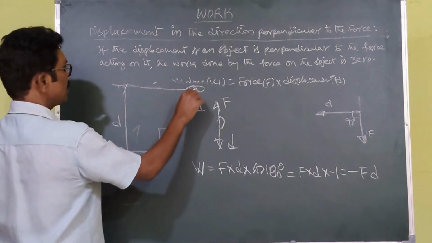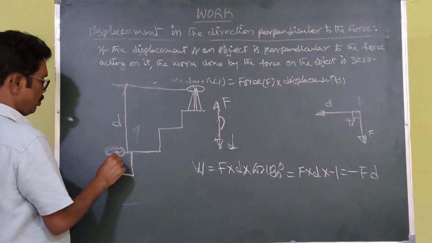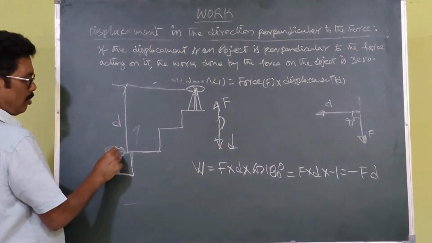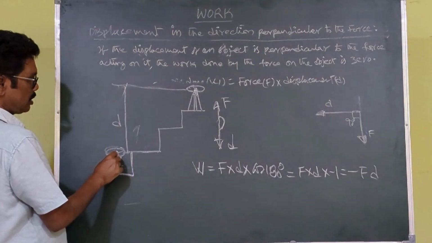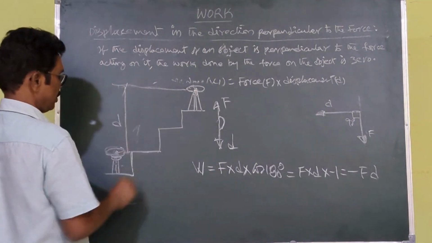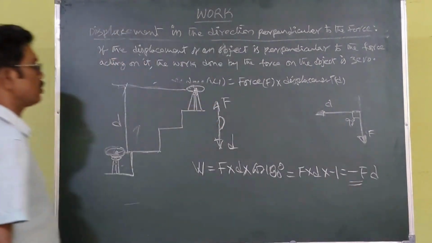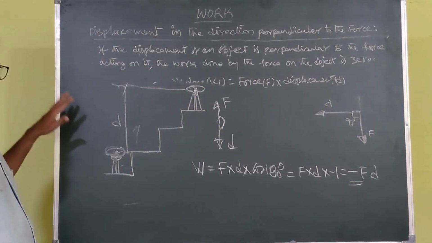While he is coming down, acceleration due to gravity also acts on the mass of the object, so the displacement is in the downward direction, negative. So you have to understand this.